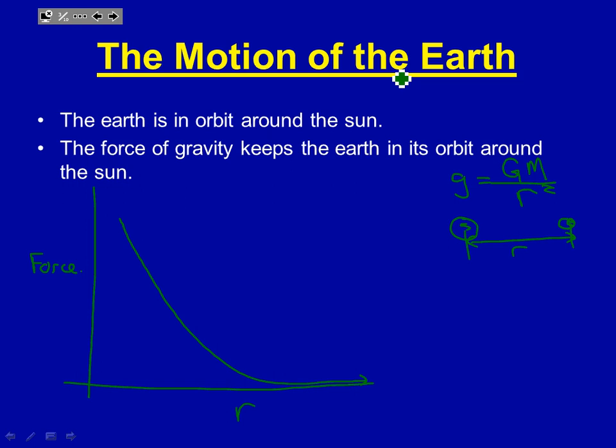So if this was our object, like the sun or the earth, it doesn't matter. Well, let's call it the earth for this time. If we were on the surface of the earth, there would be a lot of gravity. Notice that the force is high. This is strong gravity.